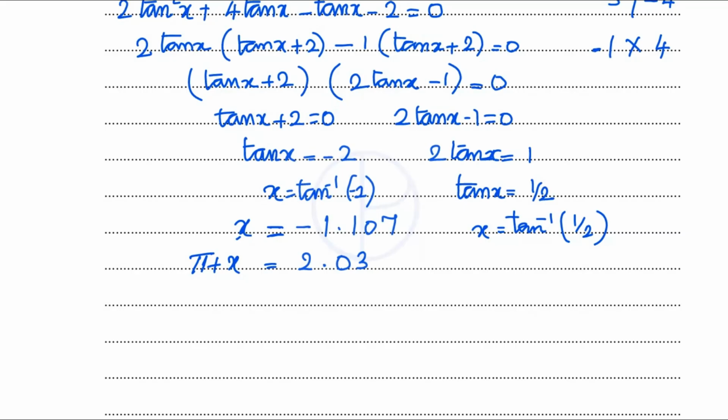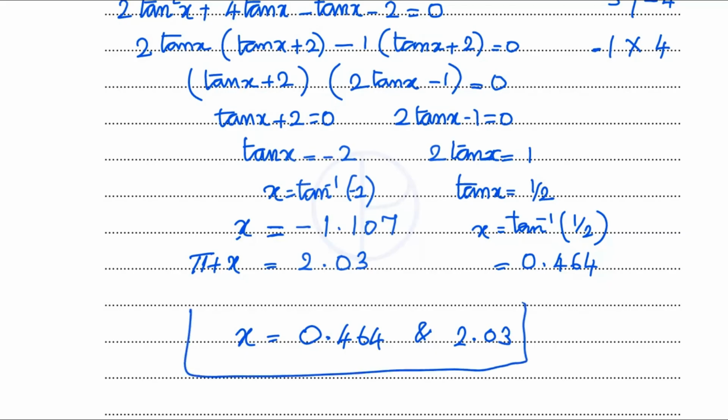And here x is tan inverse of 1 over 2, which is 0.464. X is 0.464 and 2.03, both corrected to 3SF.